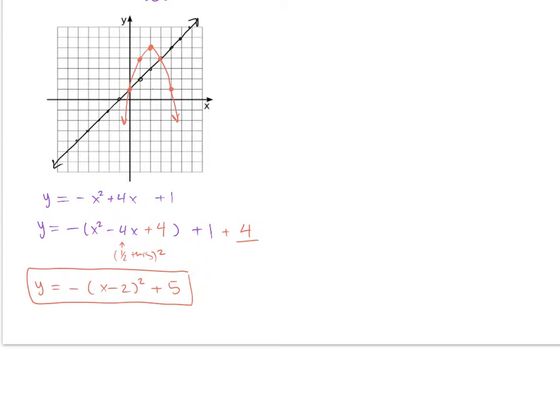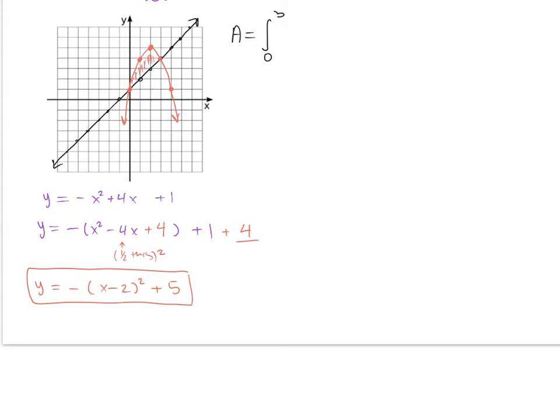Okay. So we're looking for this area. So what are the bounds on the integral? 0 and 3.